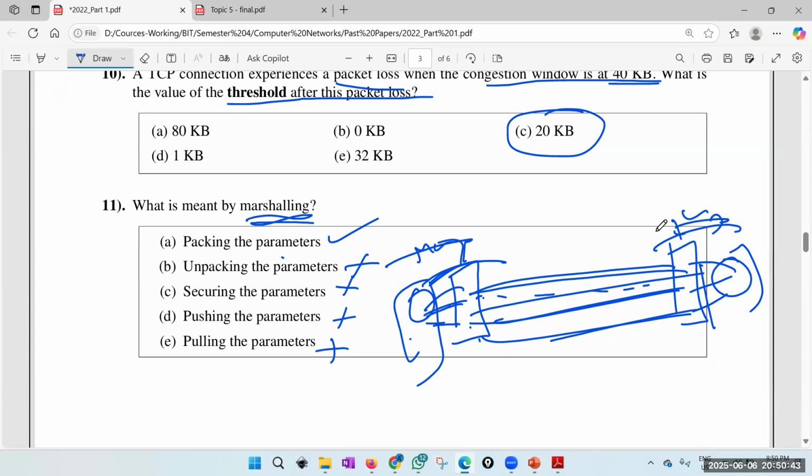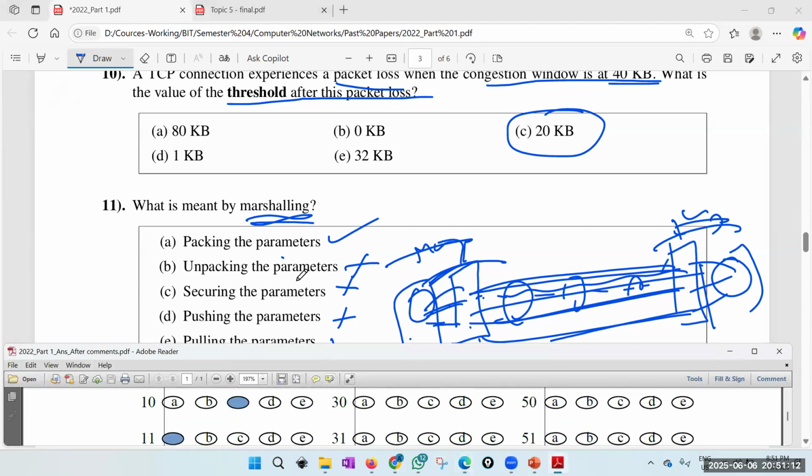Packing means we convert it to a format where we can send it through the network, like serialization, because we are going to send it through the network as data packets. Here you need to unpack it so that your server can understand it. Right? Answer is A.